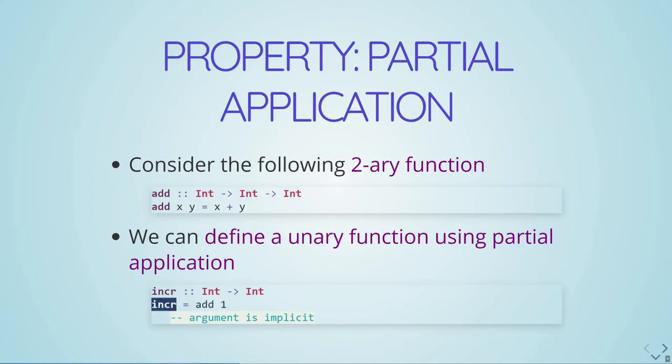Then we could write increment equal to this, and you'll notice increment doesn't show an argument, but it does take an argument. It takes an int and returns an int. The argument is implicit because add one returns a function, and then we're assigning increment to it like we would assign to a variable. So there's an implicit argument here.